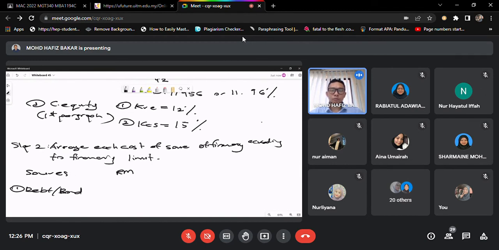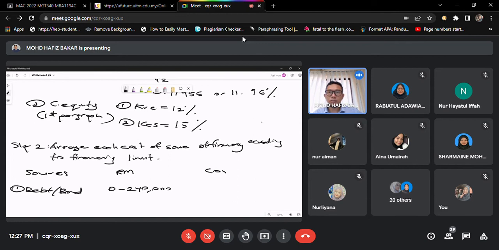Okay, we look at the question earlier, for bond or debt it is in the third paragraph. For the first 240,000, so 0 to 240,000, the cost will be 10.5%.